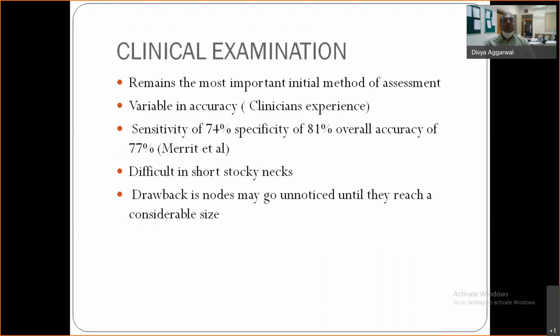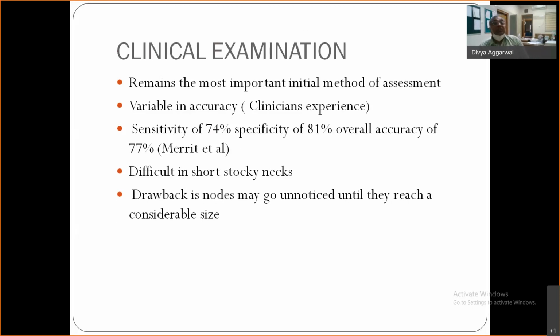Now coming to clinic, after you have had the history, you come for the clinical examination. I need not go into the clinical details, that you stand behind, you flex the head and all those things; that is available in all your undergraduate books also. Now this remains the most important initial method of assessment. It is variable in accuracy.